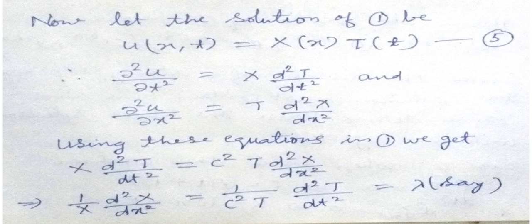Using these equations, in the first we get X d2T upon dt square equal to c square T d2X by dx square, which can be simplified as 1 upon X d2X upon dx square equal to 1 upon c square T d2T upon dt square. Suppose this is equal to lambda, where lambda is a constant.